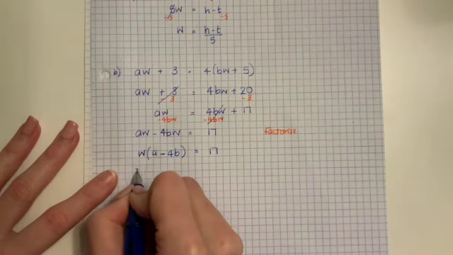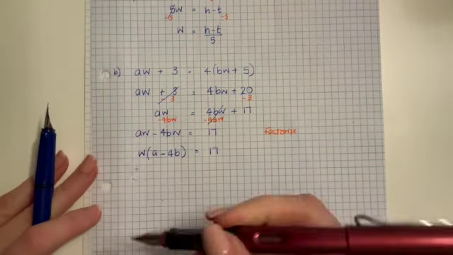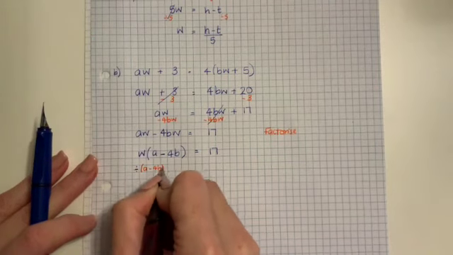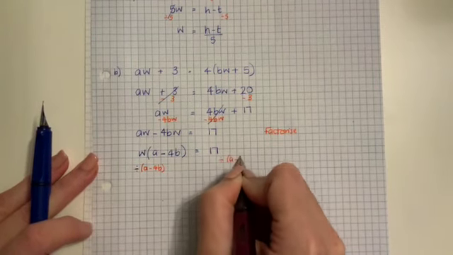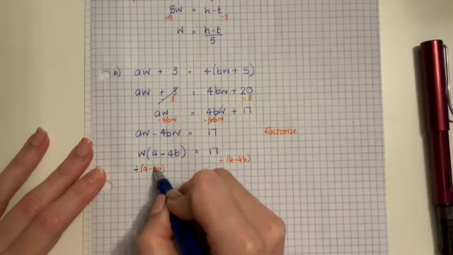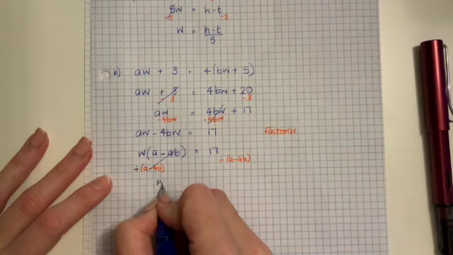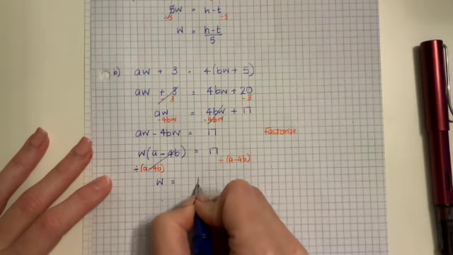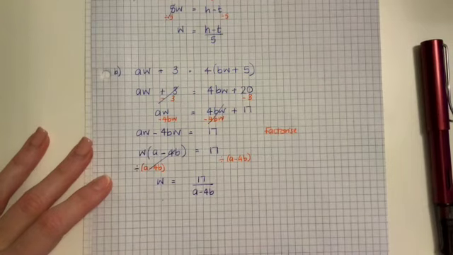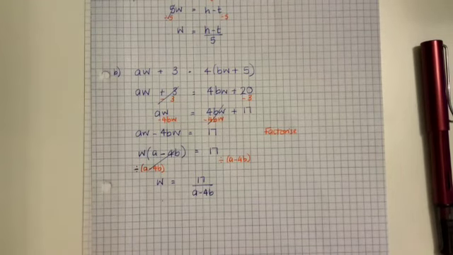So I'm going to divide each side by a minus 4b. Basically you take what's in the bracket and you divide each side by it so it disappears. So w equals 17 over a minus 4b. Okay, so have a practice and I'll help you if you need it.